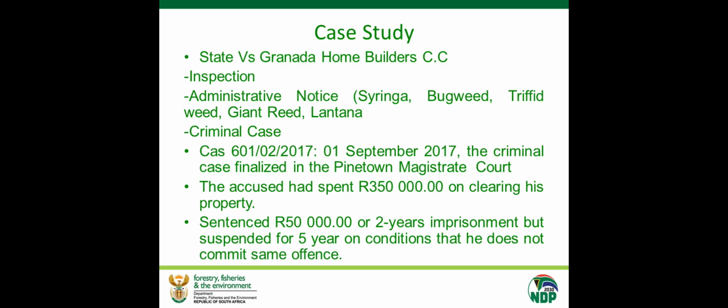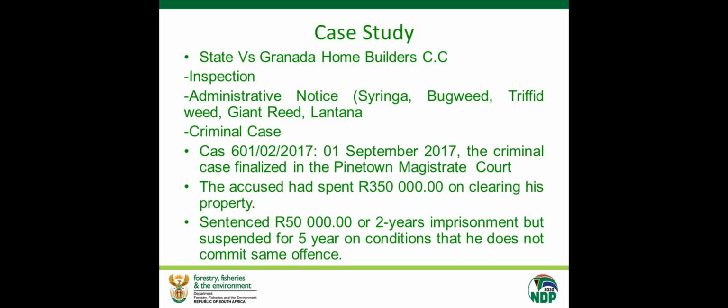But remember, the case is with the NPA now. So he was controlling, and he used 350,000 to control, because he was afraid of court processes. The NPA decided to prosecute because the landowner was ignoring all the instructions from directives.